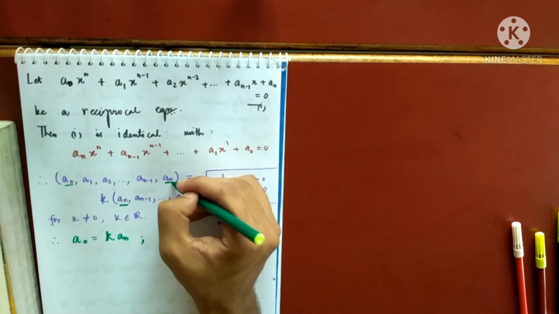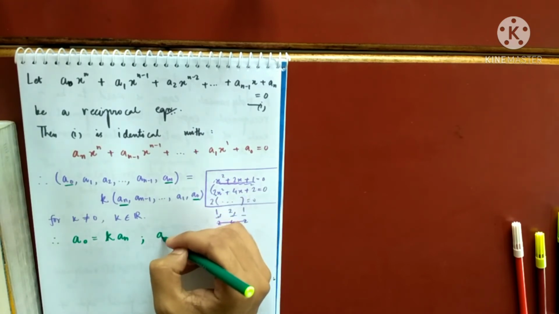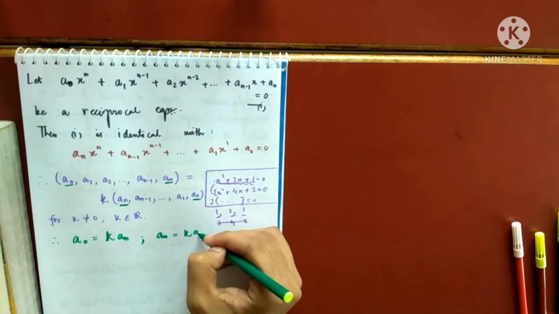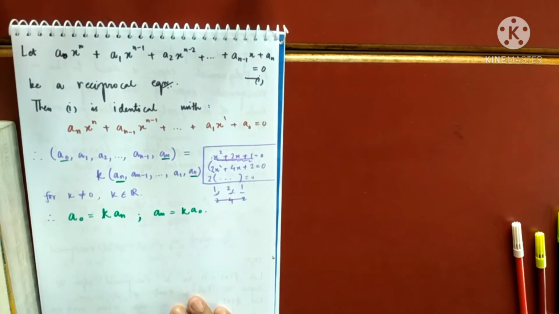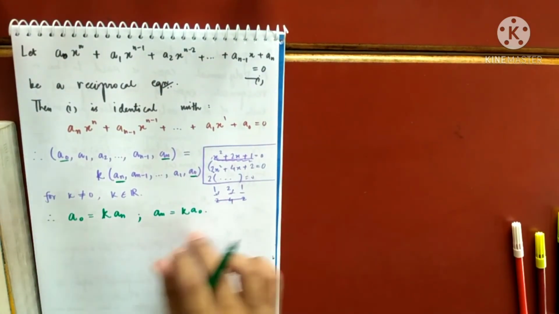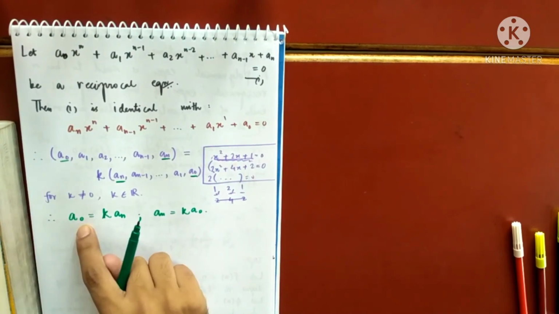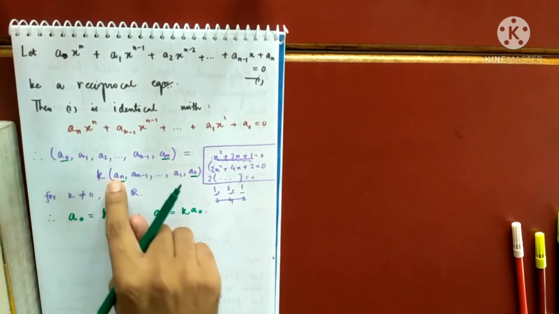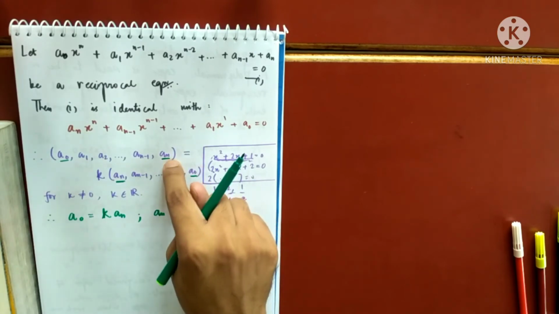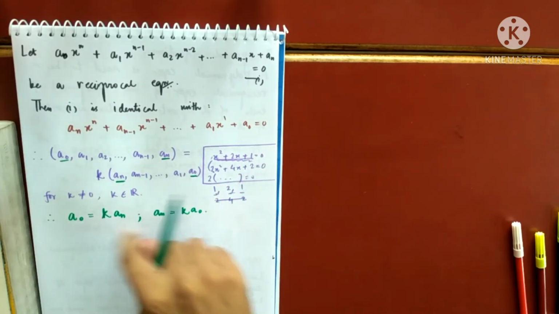So an must be the same as k a0, right? So from here what can you get? Can you tell me? a0 must be the same as k an using the first condition, and an must be the same as k a0, this is the second condition.